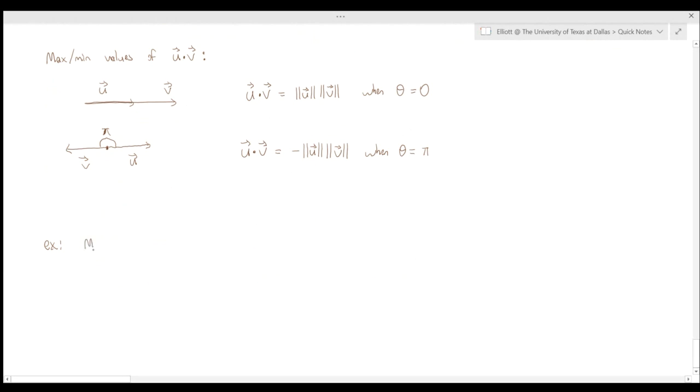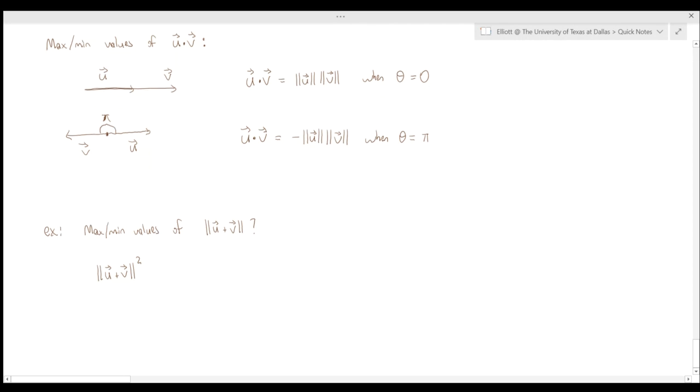If we wanted to find the max and min values of, let's say, u plus v, as you guys have seen so often in this review, it's often much easier to look at the square of the norm of a vector, precisely because you can translate it into a dot product.